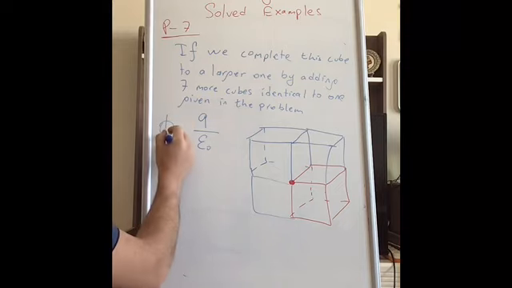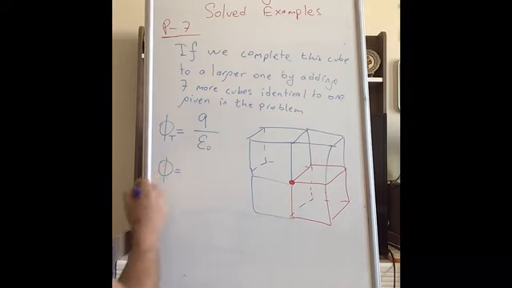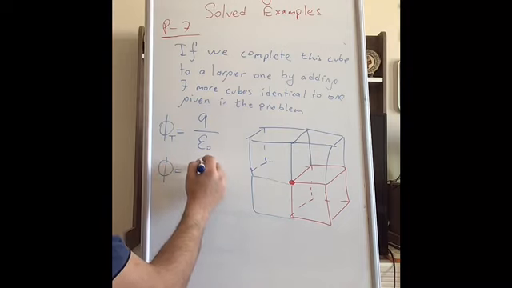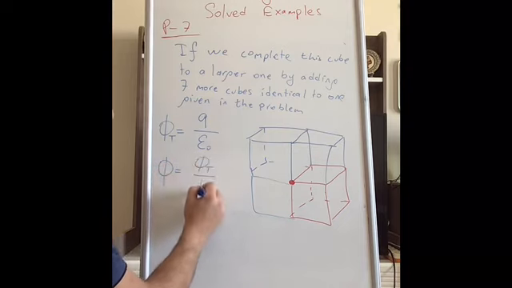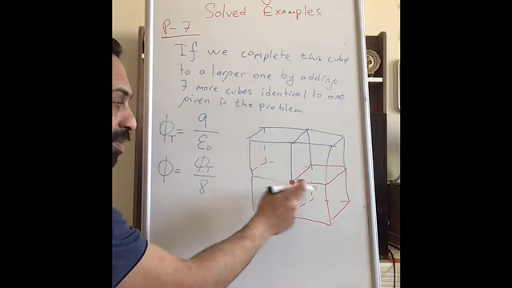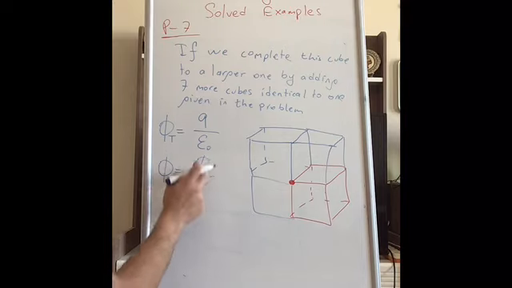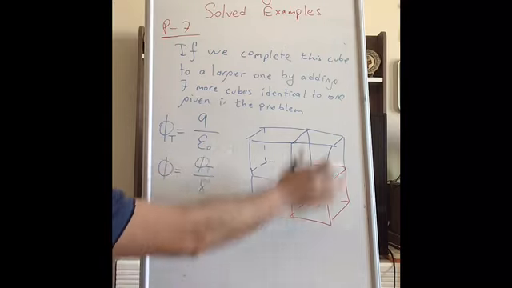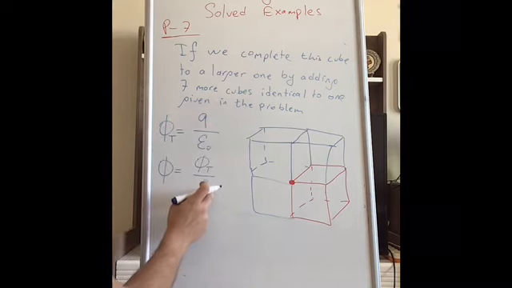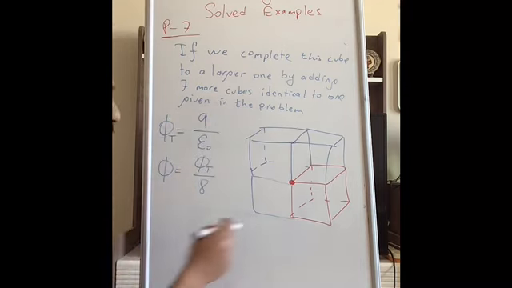So phi will be 1/8 of the total flux, since we have 8 cubes in total and this is one of them.